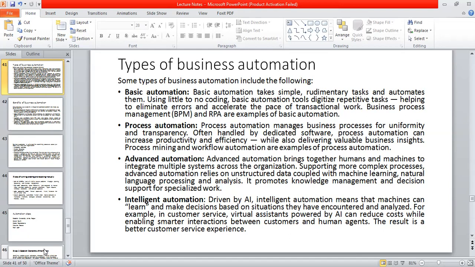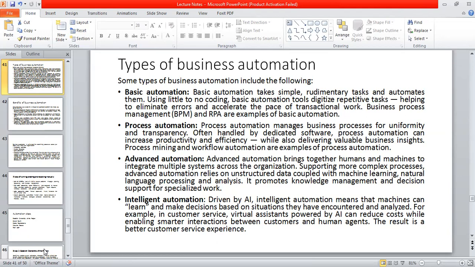There is what is called advanced automation. Advanced automation brings together humans and machines, integrating multiple systems across organizations, supporting more complex processes. It relies on unstructured data, coupled with machine learning, natural language processing and analysis. It promotes knowledge management and decision support for specialized work.